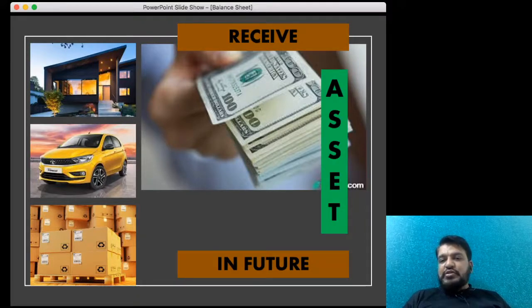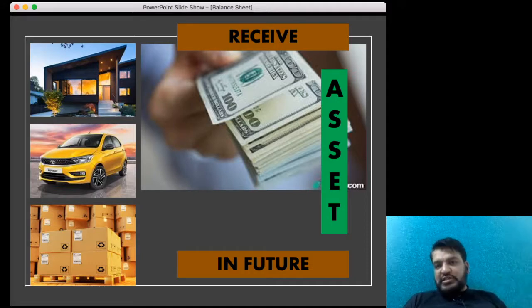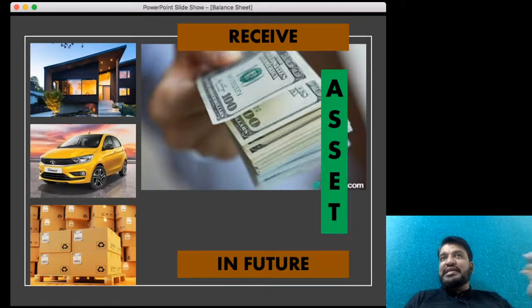So you just need to remember it is cash that you can receive in future. Sometimes you may have liquid cash, ready cash in your hand, and cash in your bank, for which you need to go to an ATM or to the branch to get the physical cash. If you have a building, that will take time for you to sell and get physical cash.